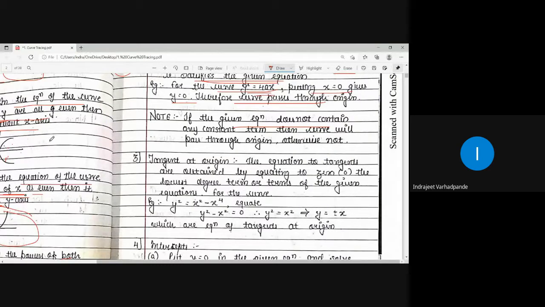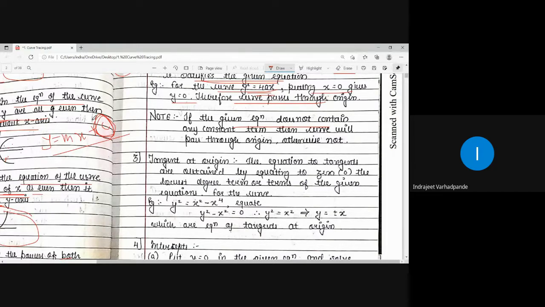How this can be justified? The equation of a line is given by y is equal to mx plus c. The standard form of the equation of line is y is equal to mx plus c. This contains a constant, arbitrary constant c, and therefore such type of lines will never pass through origin. Those will be displaced from the origin.